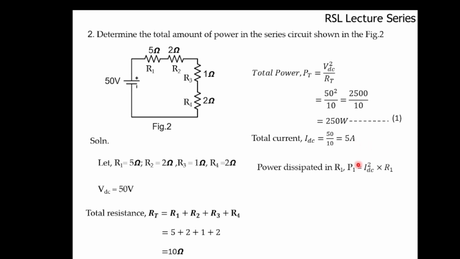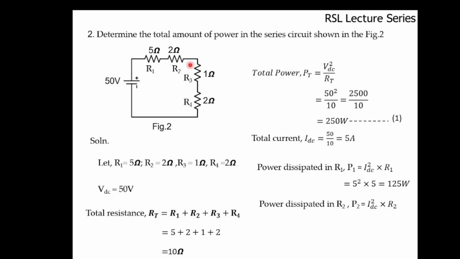Next, the power dissipated in the resistor R1, that is P1, is given by IDC square into R1. This is the I square R formula for finding the power dissipated in the resistors. Substituting the values, we get 5 square into 5, since R1 is 5 ohms. So this will be 125 watts. Similarly, the power dissipated in R2, that is P2, is equal to IDC square into R2.